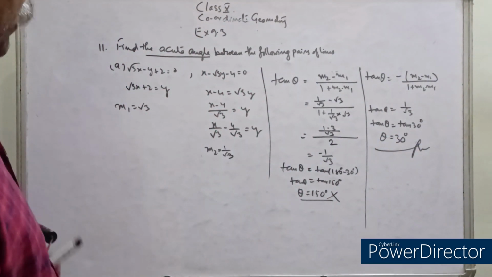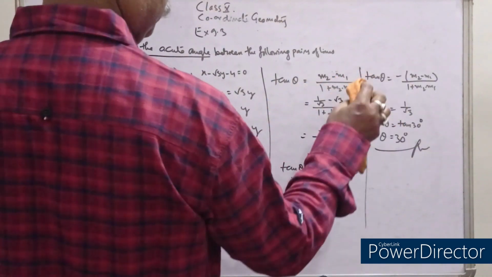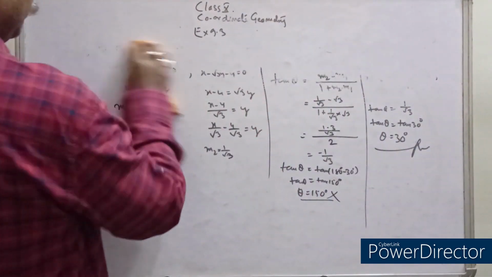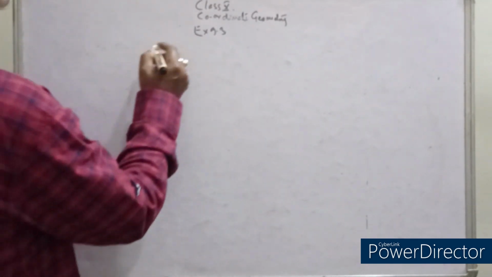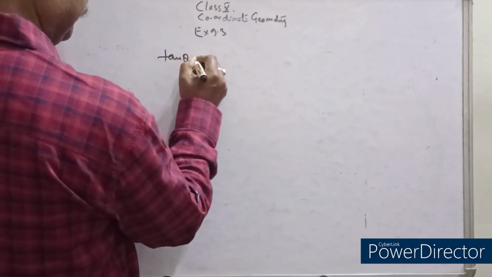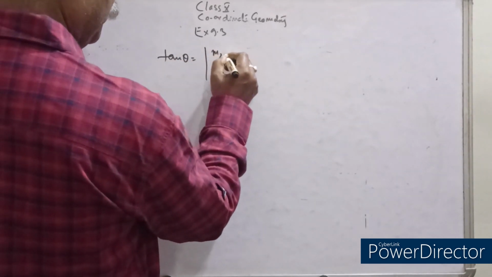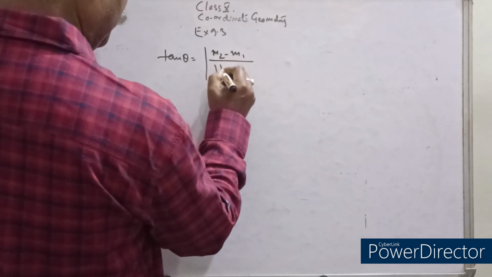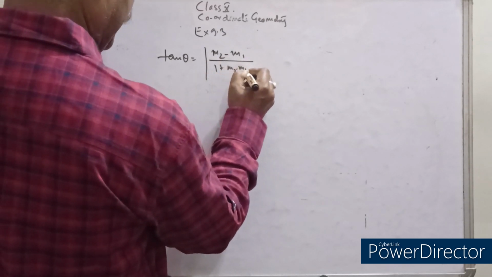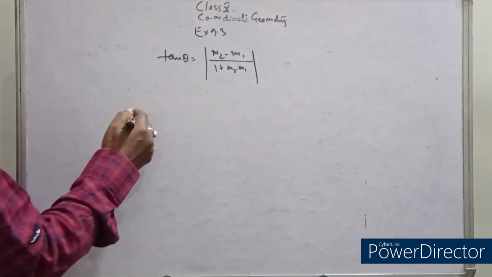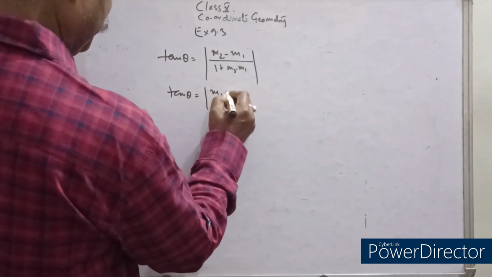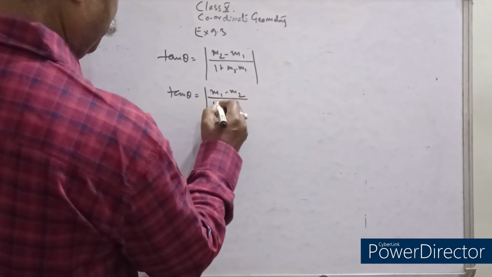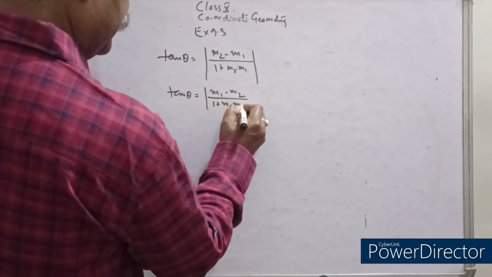One thing I want to tell you about this formula: if the angle between the lines is given as tan theta is equal to (m2 minus m1) by (1 plus m2 into m1), either you take the formula like this, or you take the formula like this, that is (m1 minus m2) by (1 plus m1 into m2).